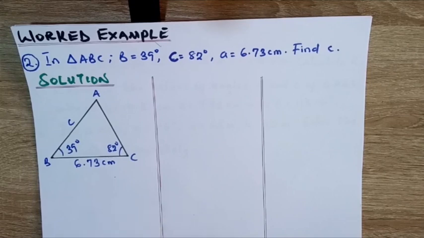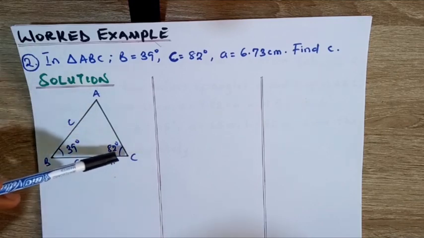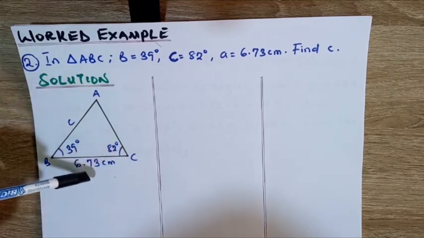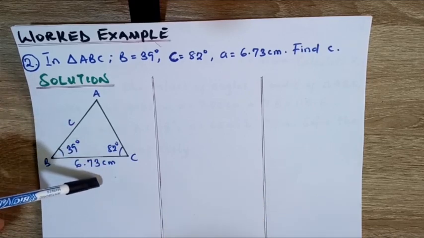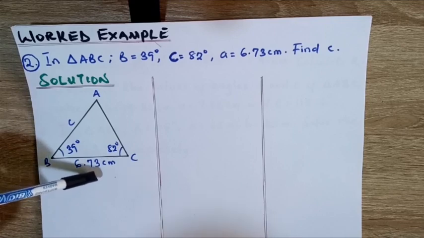Now, as we know, the sine rule relates two sides of a triangle with what? Their corresponding angles. Here, we have two sides, that's the side c and the side a, which is 6.73.